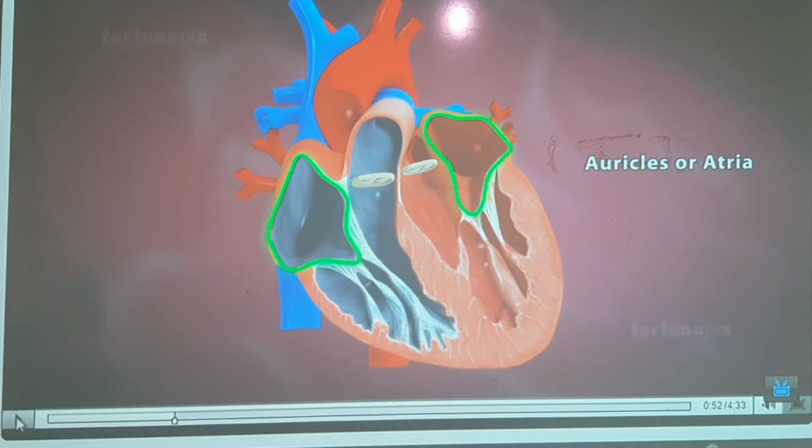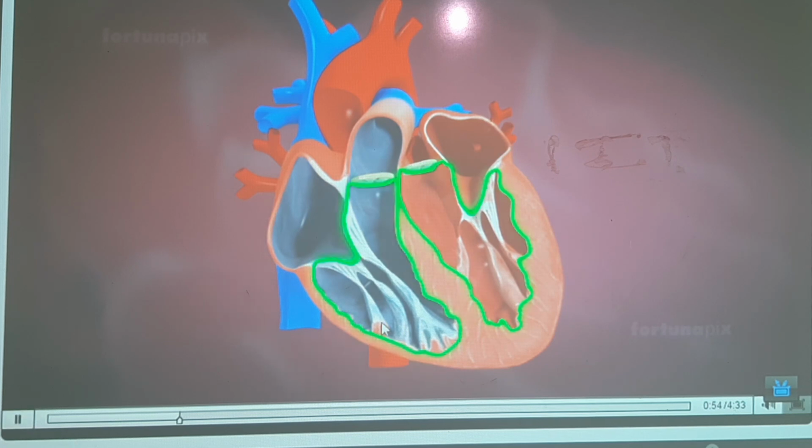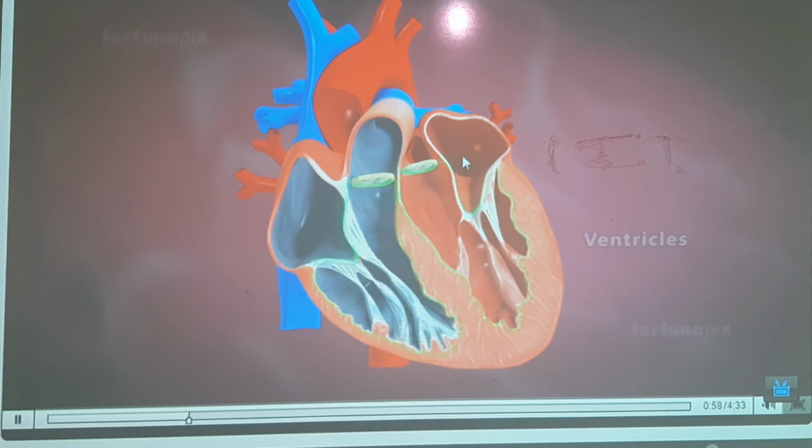So children, we have already learned the internal structure. Still, you can see here, these are the two atria and these are the ventricles. This is the right atrium, this is the left atrium, this is the right ventricle, this is the left ventricle, and this is the septum, or the muscular wall that separates the right side and left side of the heart.